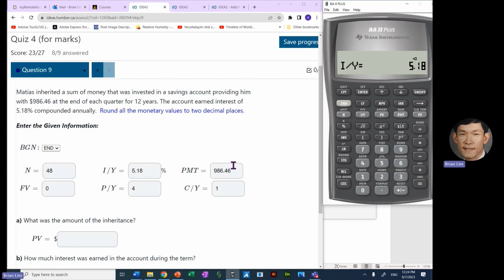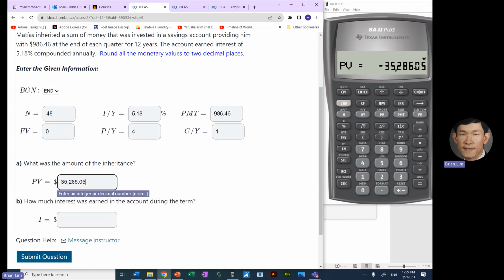The payment is 986.46. Enter. Future value will be 0. So we compute the present value and we get that Matthias has to have $35,286.05 in the account.